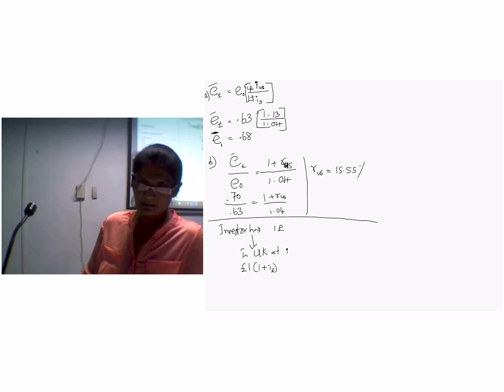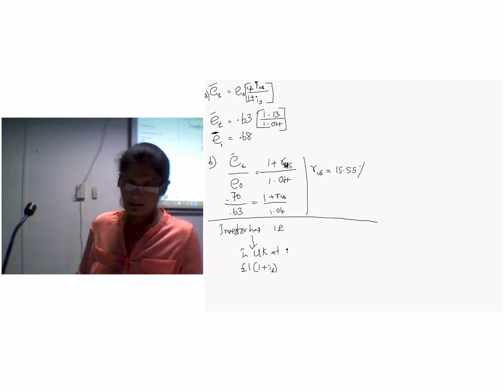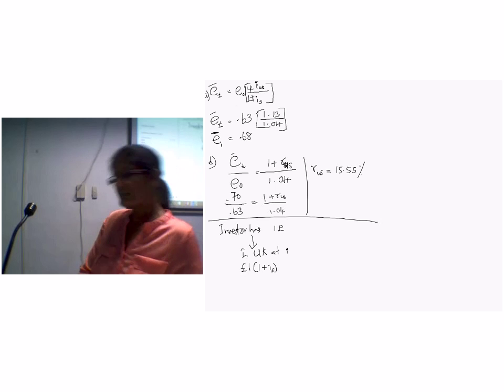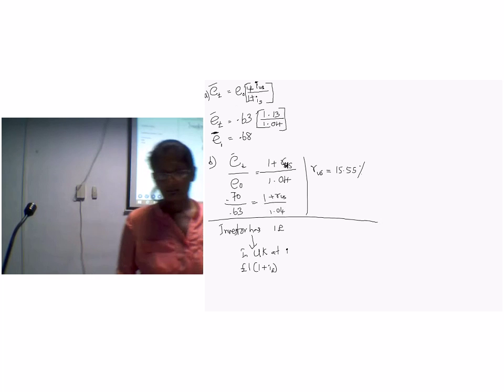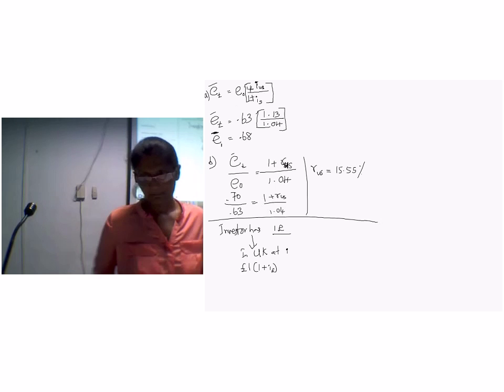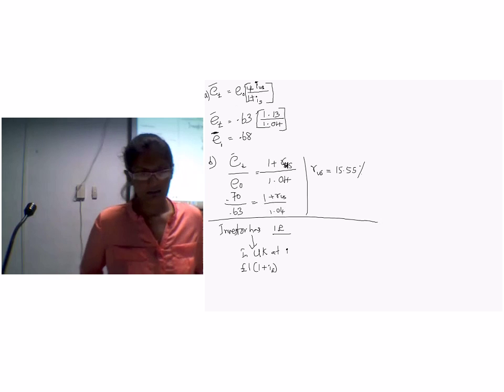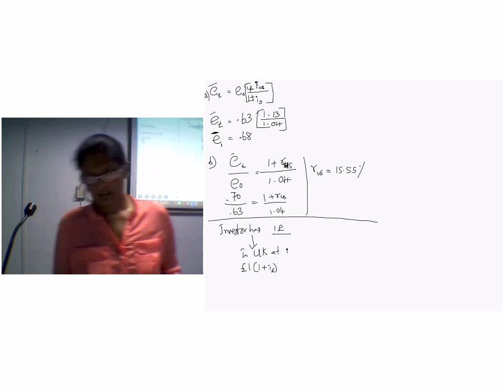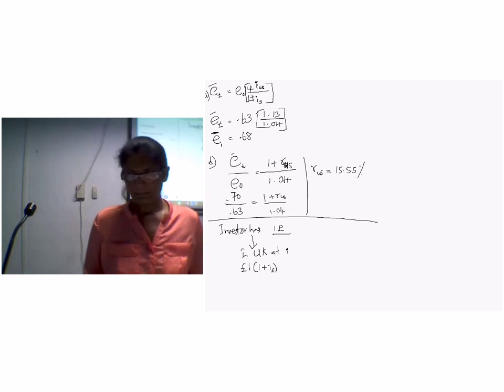So in the global economy, as it is open to invest in other countries as well, what alternative can he do? Instead of investing in UK, he can convert this 1 pound to dollars, right? So he can invest those dollars in the US market at the US interest rate, okay?